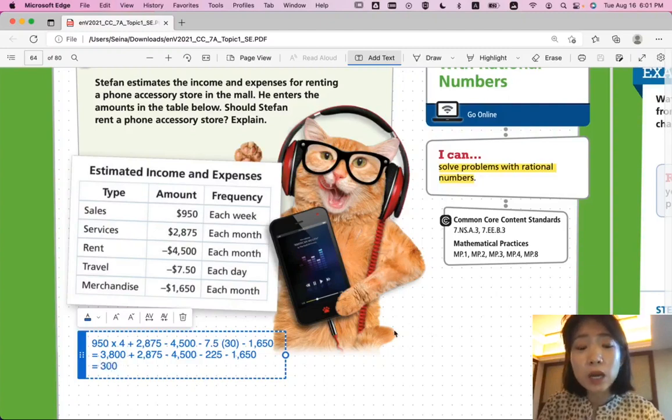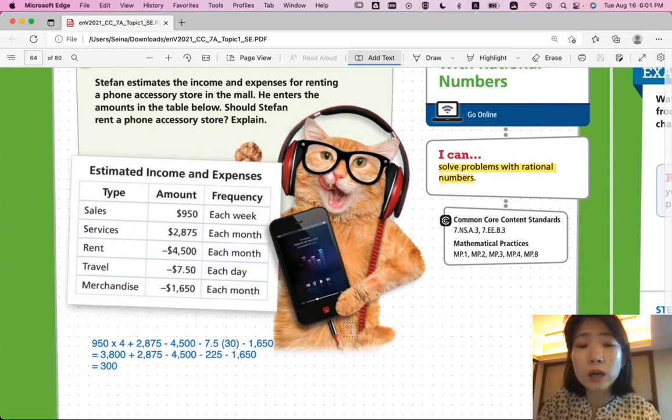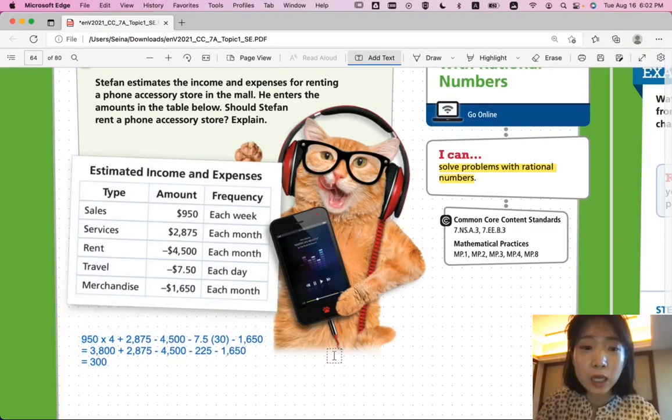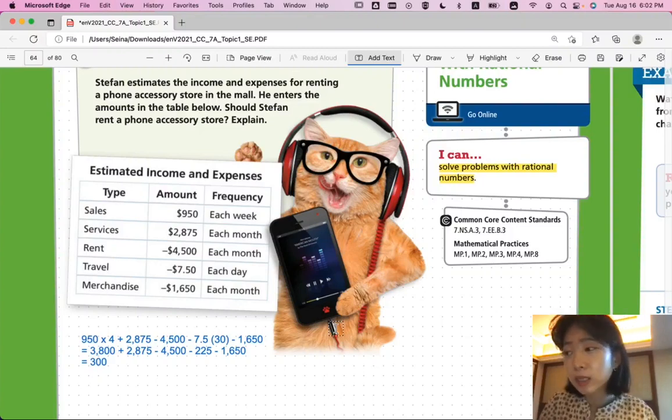So monthly, Stephen would earn $300 a month by renting a phone accessory store. It's not that much, but if he's trying to figure out if he's going to make money or not, he does make money. So yes, he could rent and he will not lose money.